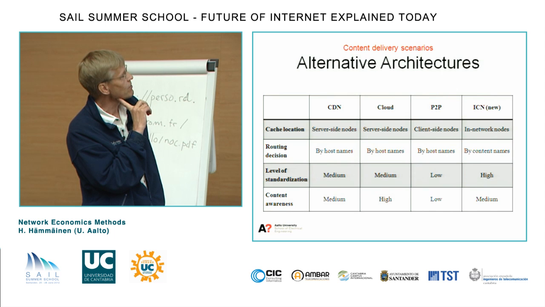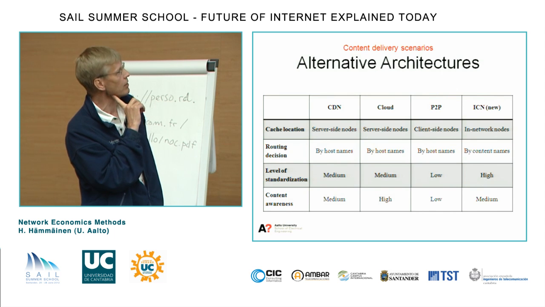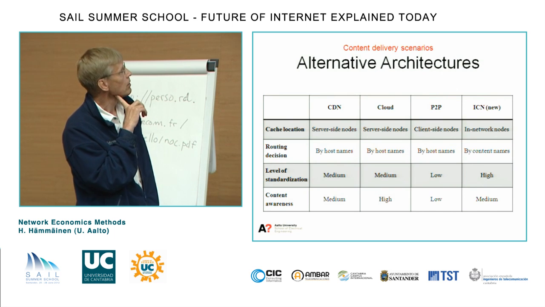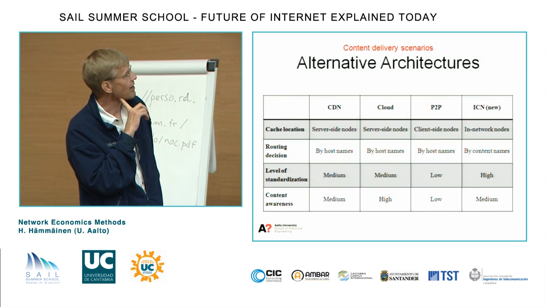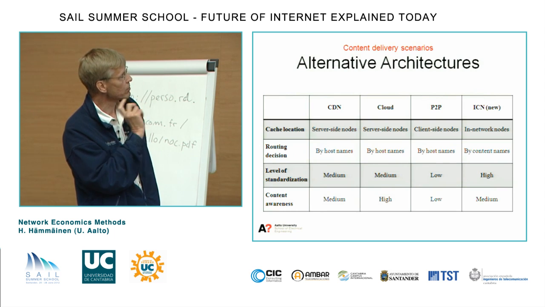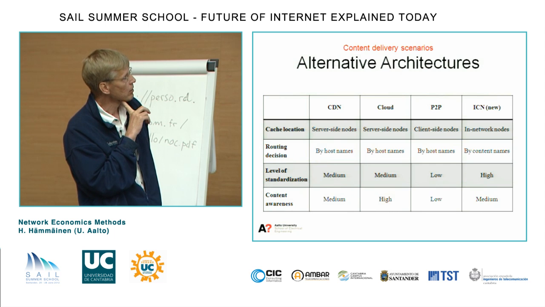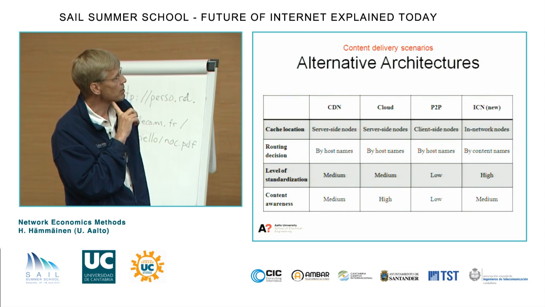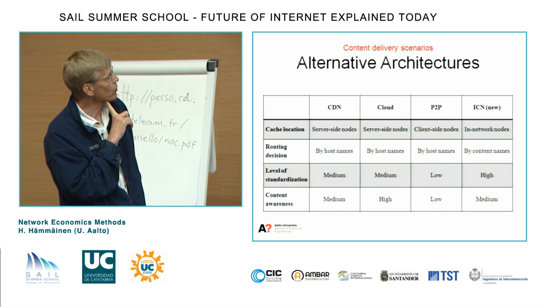This actually just gives an idea of what architectural options there are. Content delivery networks, cloud, peer-to-peer, and then information-centric networking, which is a new thing. So the other three options here are more or less existing, and ICN is something new.